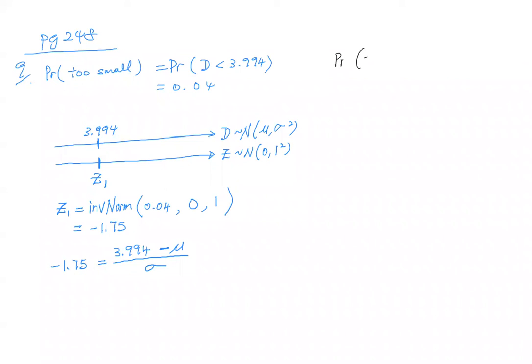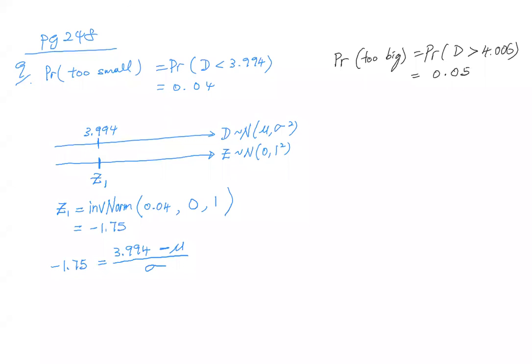Probability of too big means the diameter is more than 4.006. So this one, the probability given is 0.05.